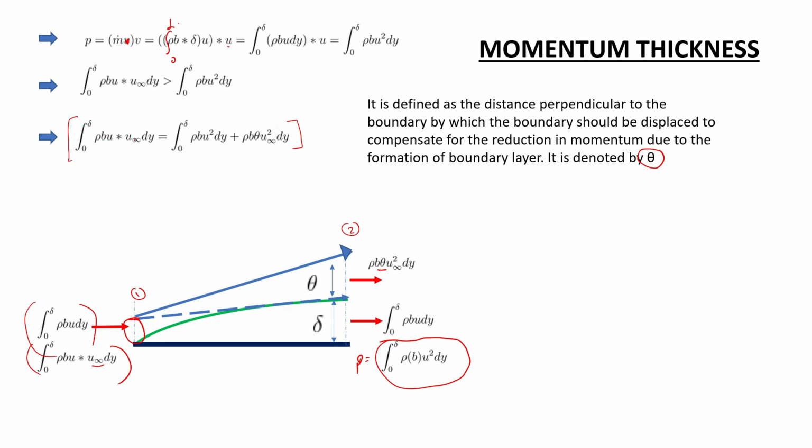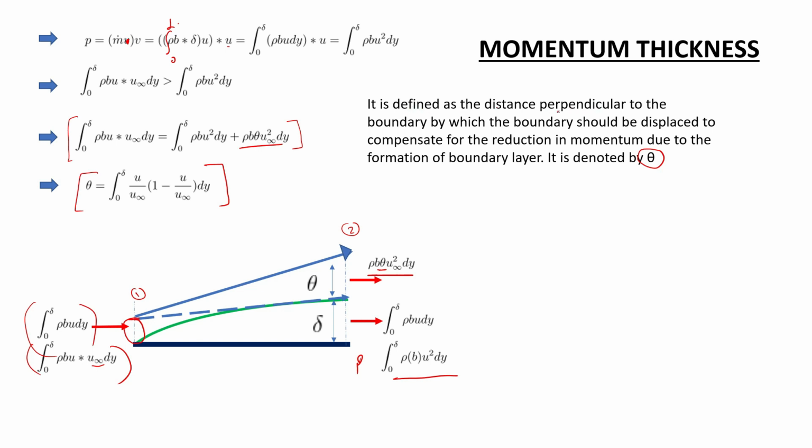This will be equal to the momentum at section 1, rho b u u infinity dy, minus the momentum rho b u square dy. If you solve this, you will get the momentum thickness theta equal to the integral from 0 to delta of u by u infinity into 1 minus u by u infinity into dy.